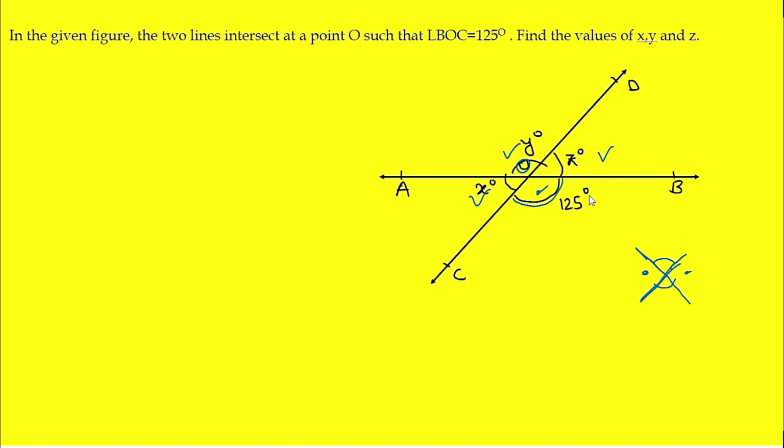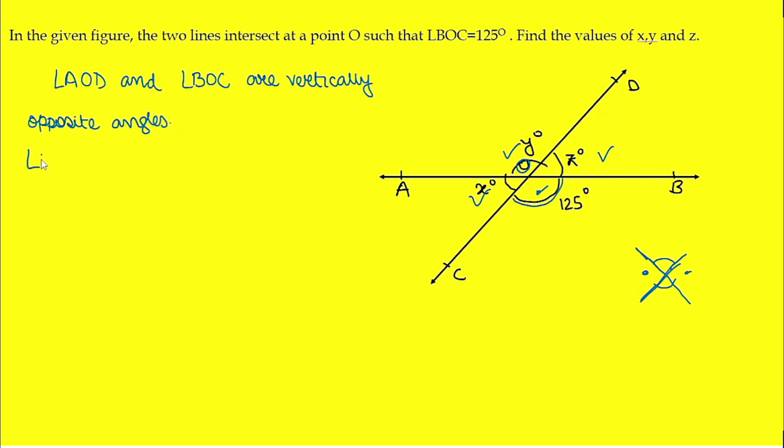As you all know, vertically opposite angles are equal. So from this we can say that angle Y is equal to 125 degrees. Angle AOD and angle BOC are vertically opposite angles, and vertically opposite angles are equal.